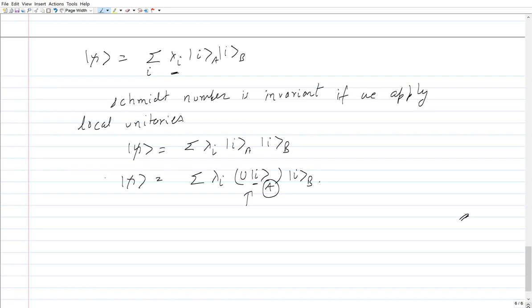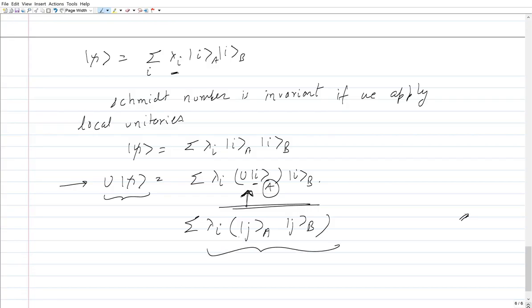Let's say I hit this by a local unitary, or just a unitary on system A. This is going to be this particular state, and if you look at it, this is another basis. I can relabel these bases as JA, JB, doesn't really matter, lambda J. If you look at it, nothing happens to the Schmidt number.